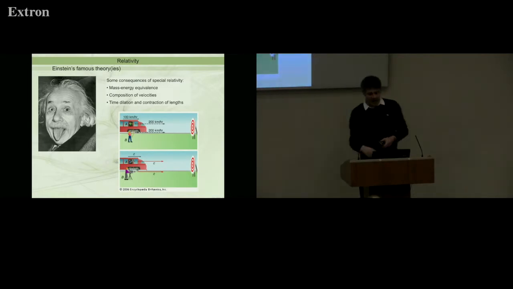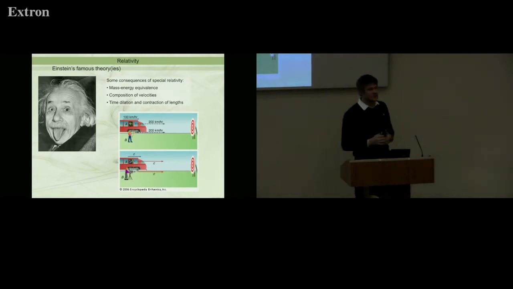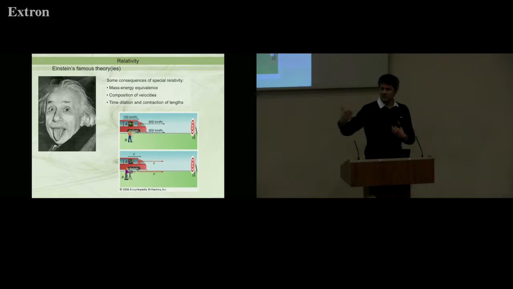Okay? And so this is very curious, but it explains a lot of things in our universe. And one of them, for instance, is also that time and lengths in space are not something that is constant. So your perception of time might be different from the perception of time of something moving at really high speed. So the faster you move, in fact, the slower your perception of time is.